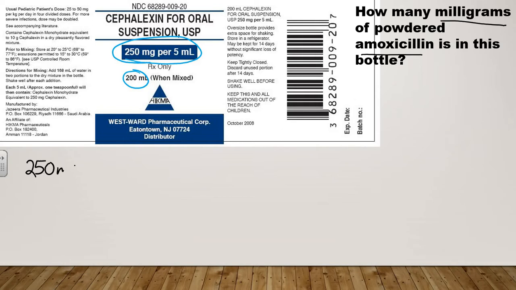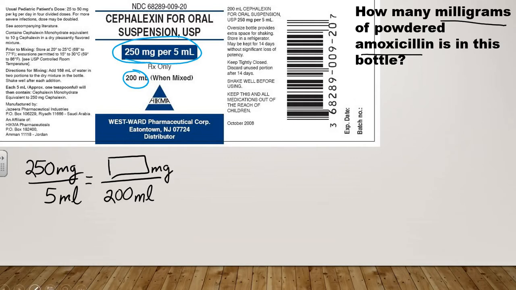It's 250 milligrams to 5 milliliters. This bottle reconstitutes to 200 milliliters, and we are calculating how many milligrams of powder is actually in this bottle, because if you need to do something else with it, you need to know how much medication's in there.